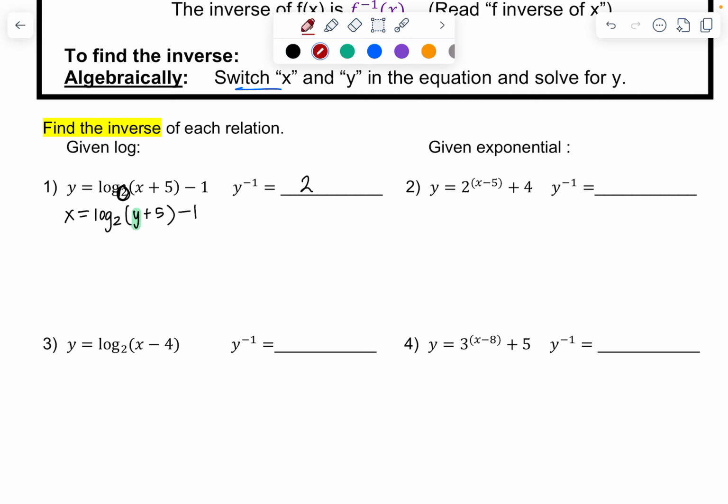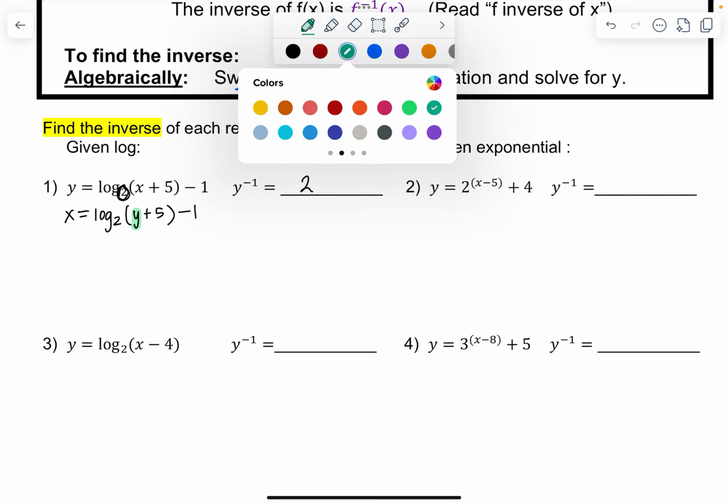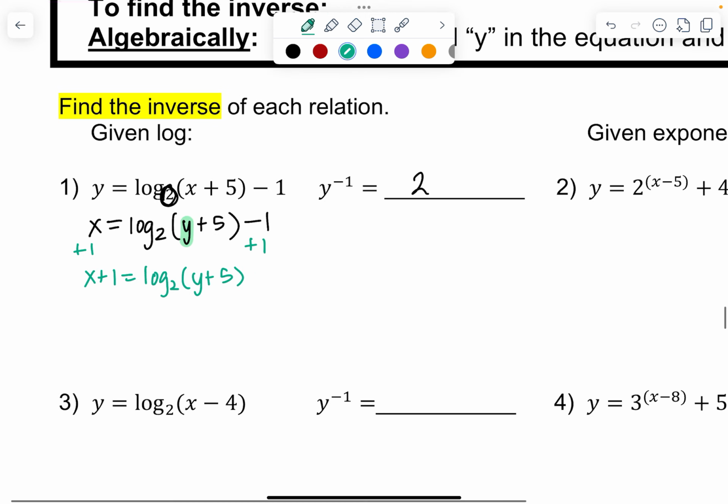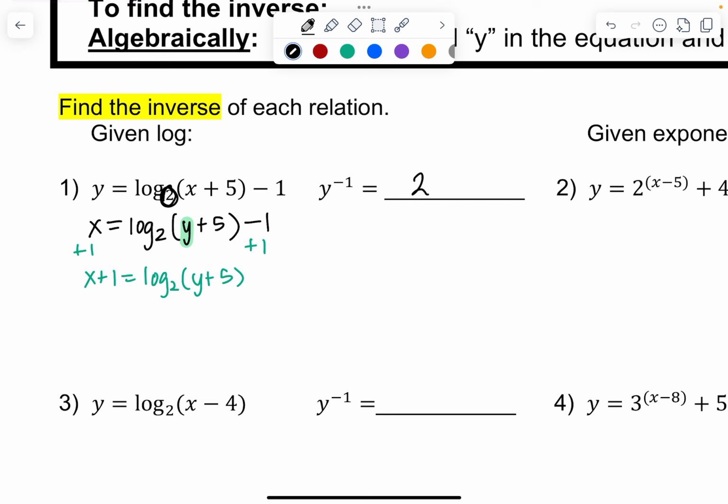And so our first step is to add 1 to both sides, isolate the log, and so that gives me x plus 1 equals log base 2 of y plus 5. Now that we've isolated the log, we're ready to convert. This is the step where you convert to exponential. And so your base is 2 to the x plus 1 power equals y plus 5.